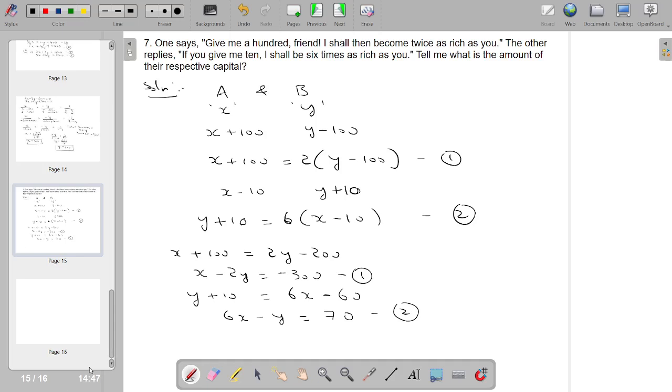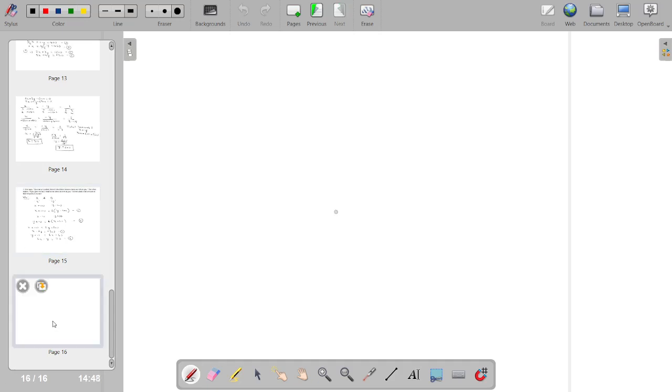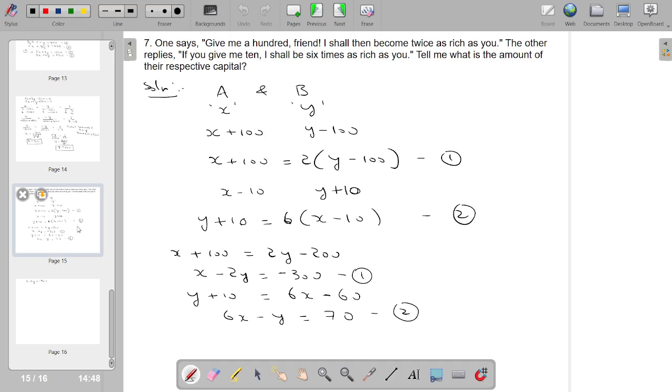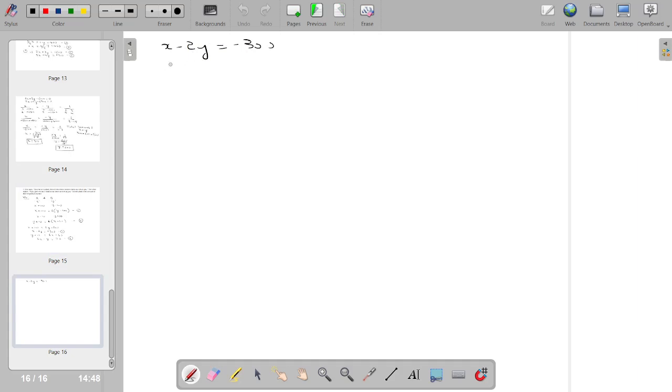I will move to the next page. x minus 2y is equal to minus 300. 6x minus y is equal to 70. Now we can apply the elimination method.